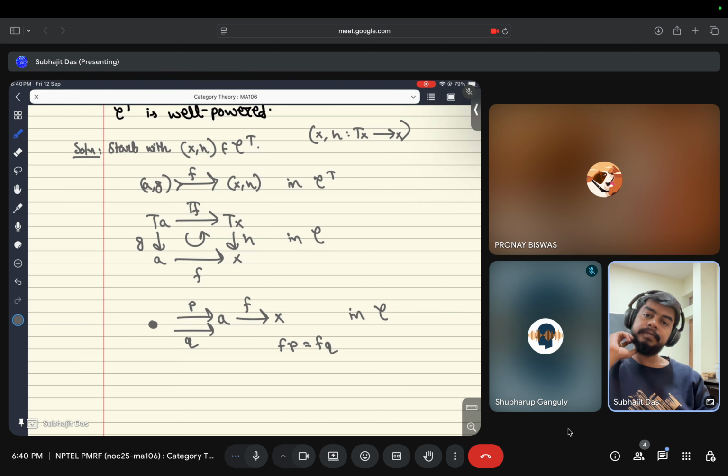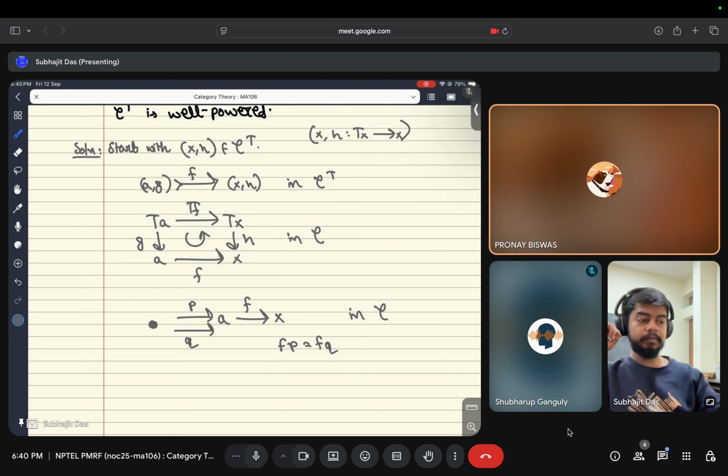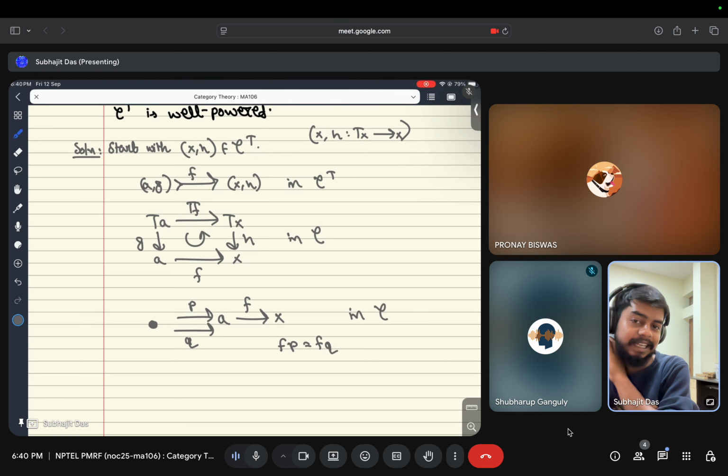Yes, this is the claim that F will also be a monomorphism in C.